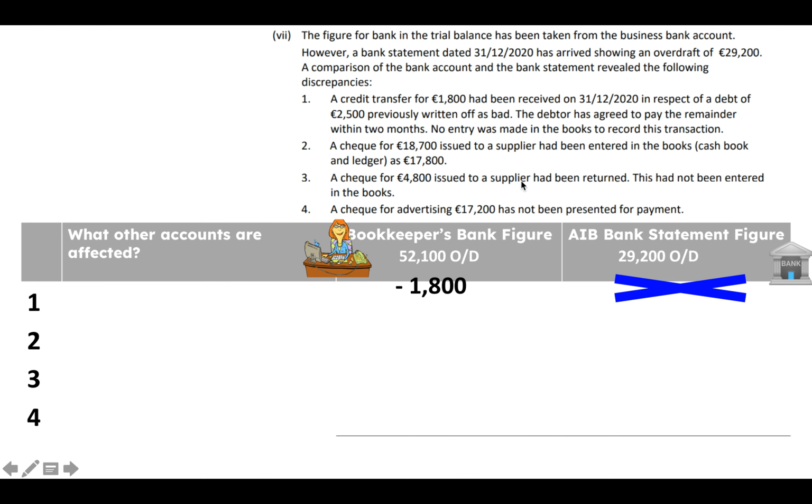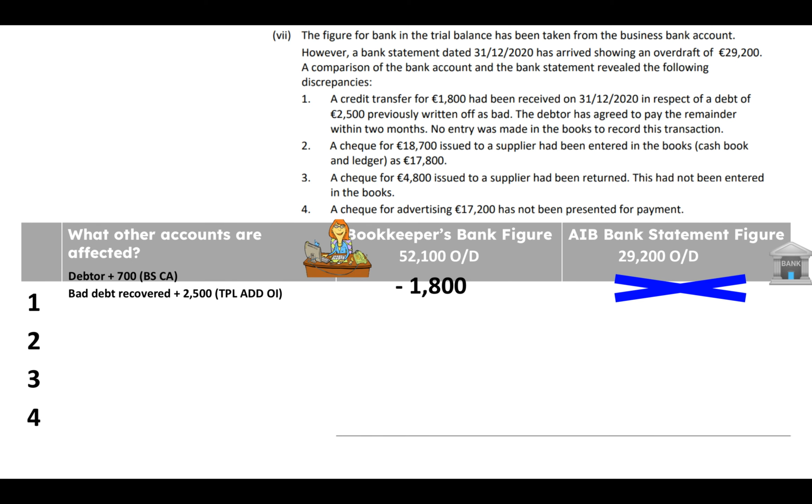They've promised to pay us the remainder, which is 700, so the debtor account is going to be increased by 700. The bad debt recovered is going to be 2,500, and it has to be recorded in the trading profit and loss under add operating income.